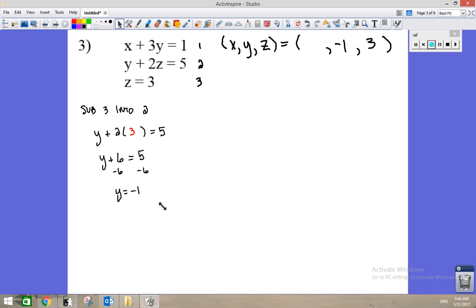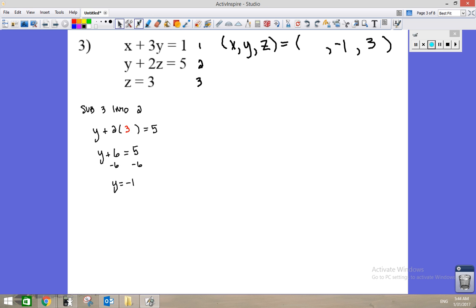So if we look at equation 1, it is the only equation that has x, so we're going to sub y equals negative 1 into equation 1.